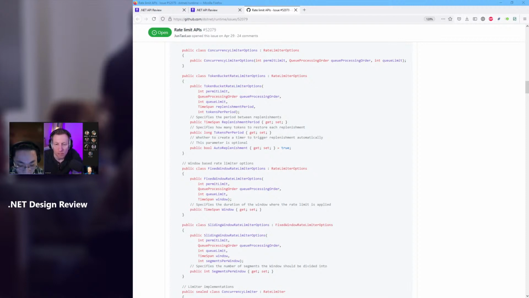It's just the case of if you increase the limit, then we should start processing the queued requests again, which needs a notification of some sort. So I think it's fine to say we're not currently going to support the mutating scenarios, but if that's the case, then concurrency limiter options should be sealed and none of its properties should have setters.